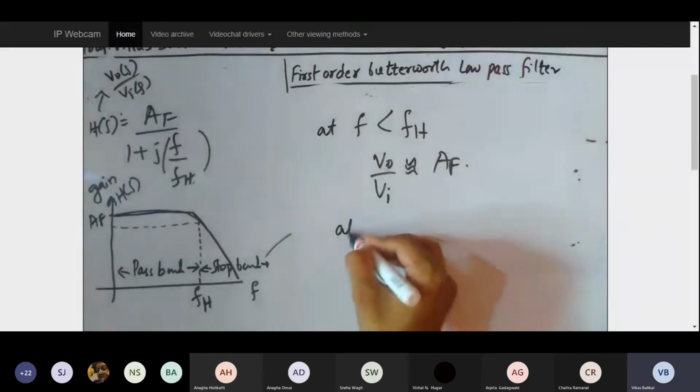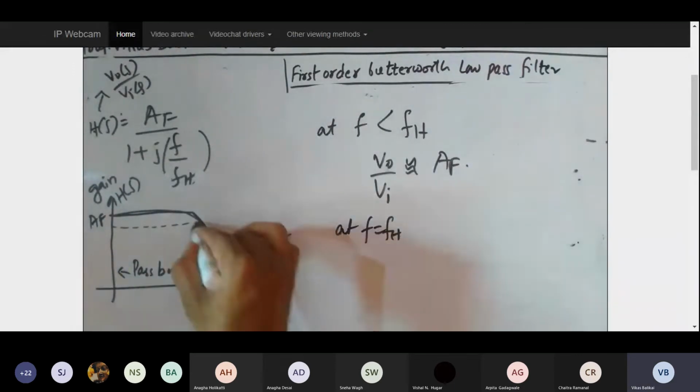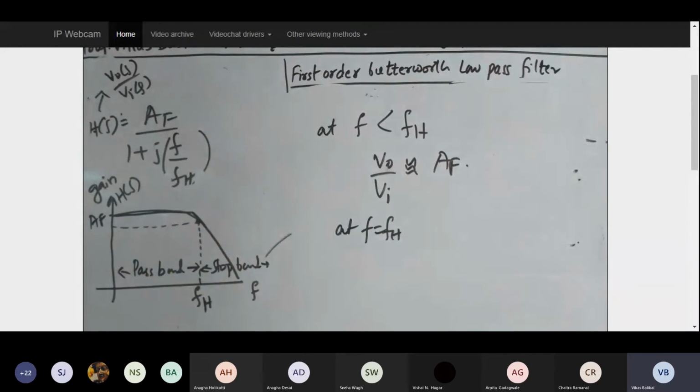At F equal to FH, suppose your input signal is exactly equal to the threshold frequency or higher cutoff frequency, the gain has started to decrease. And as you can see, if I plot it graphically, the same thing I'm going to explain in my subsequent class.